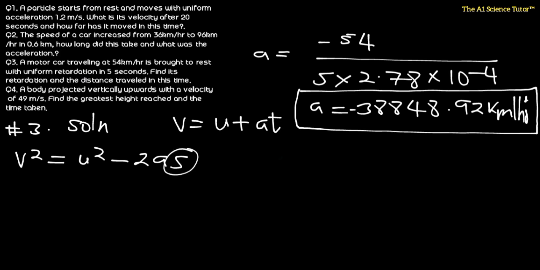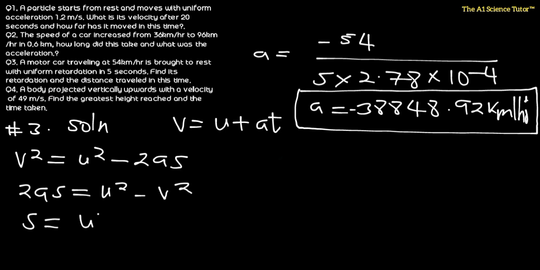So we need to find the displacement. Okay, so I'm going to take this to the other side. This will be 2as, and this is going to be u squared minus v squared. So what is s? S will be u squared minus v squared divided by 2a. So let us see what that gives.